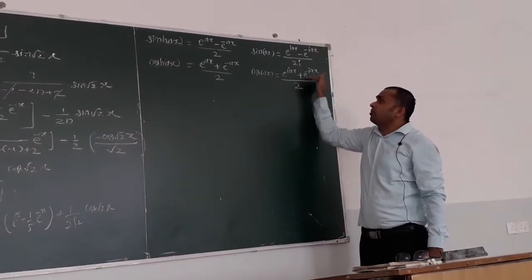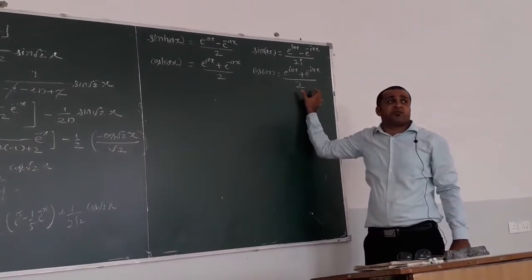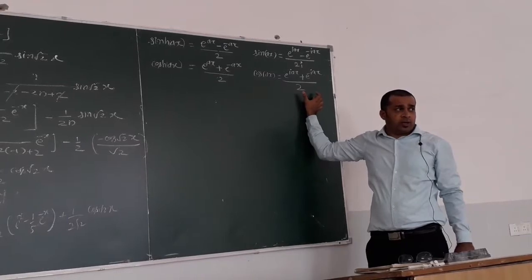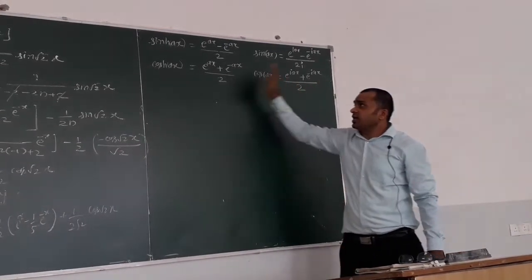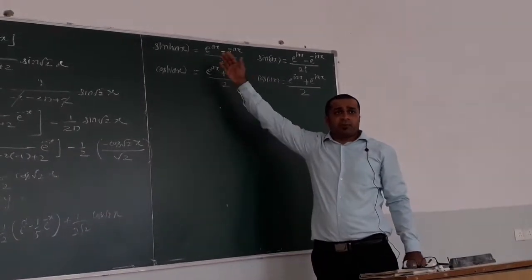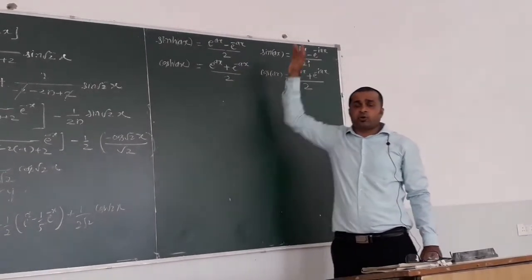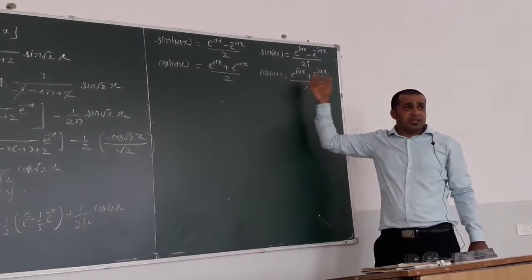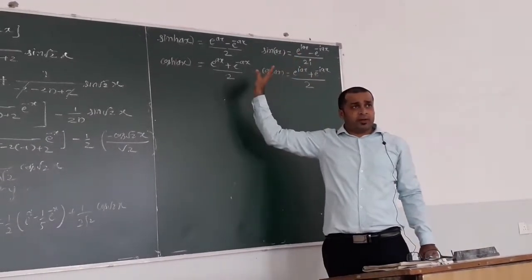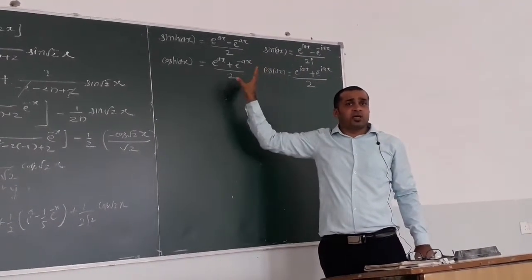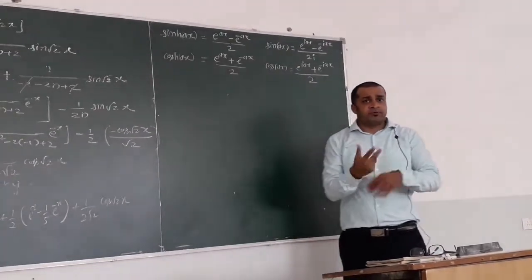In place of minus it will be plus, and below there is only 2, not 2i. So this is the relation between the hyperbolic sine and cosine with the exponential function and the circular sine and cosine with the exponential function. Always remember these four formulae, because many times in many examples we use this relation for simplifying things.